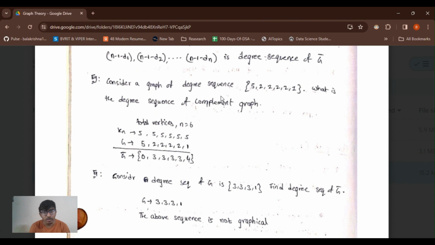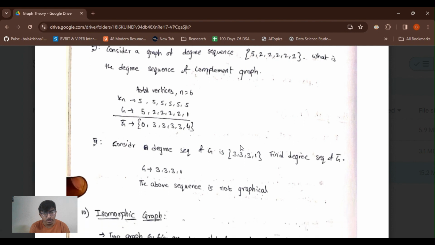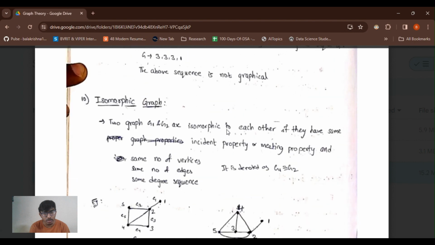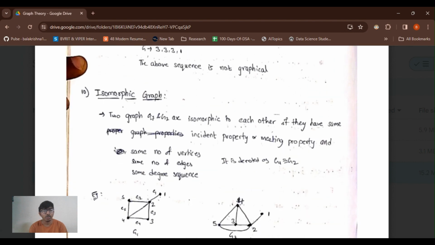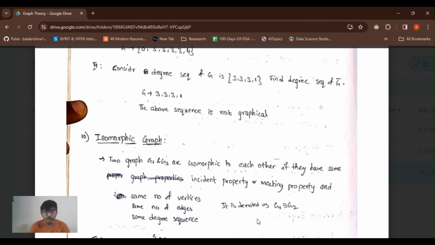So consider a graph with some degree sequence, and what is the degree sequence of the complement graph? So you have to do subtraction for this. Consider the degree sequence. So this is also the same. So all the types of graphs are completed.